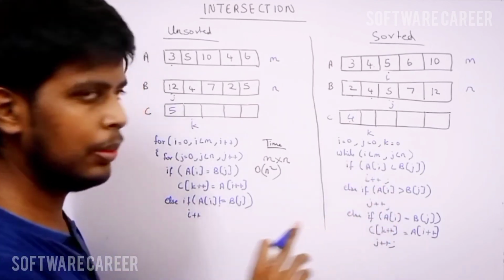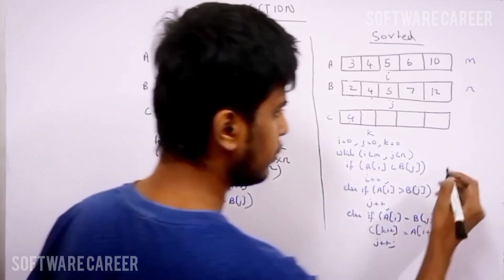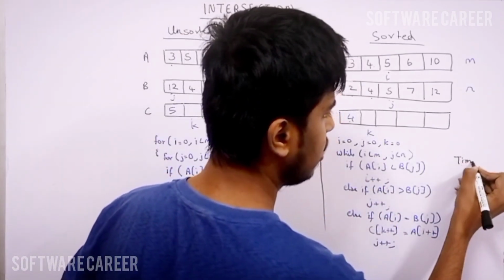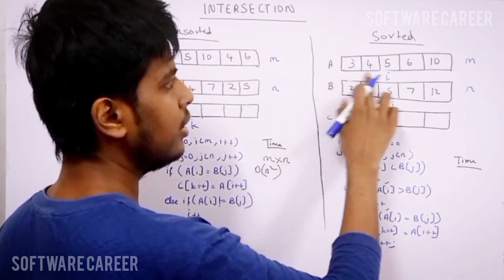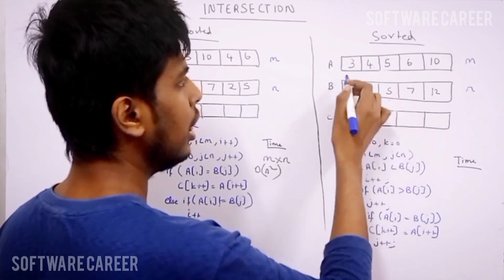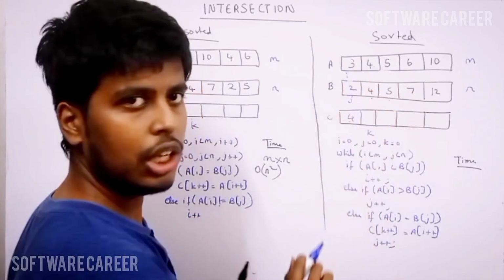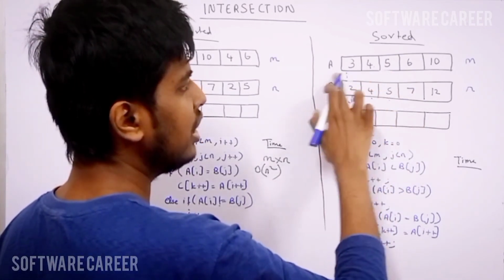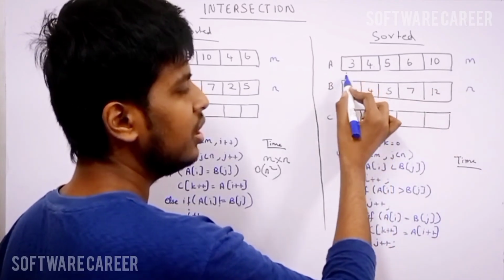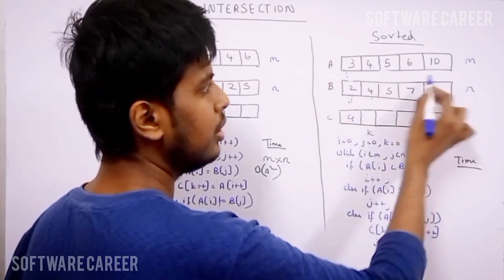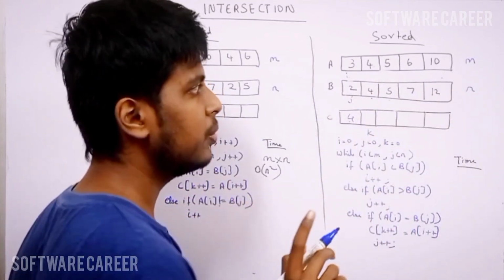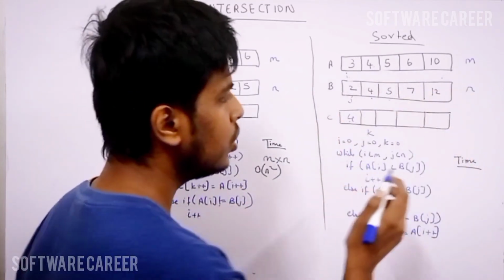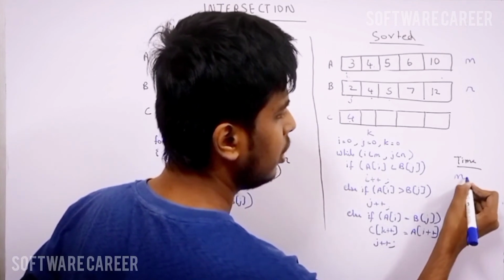Now let's see the time complexity. Now for traveling in i, suppose i was here and j was here. How much time did you take for traveling A? A took only once, that is m times. That is, it traveled i equals 0 to m minus 1. It took only one time to travel the whole array. So I am writing here m.